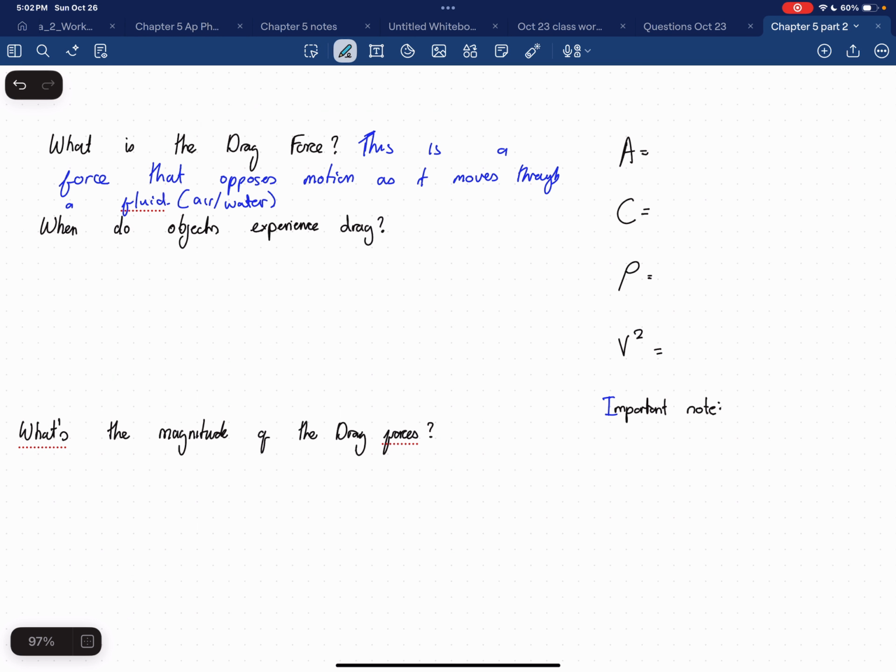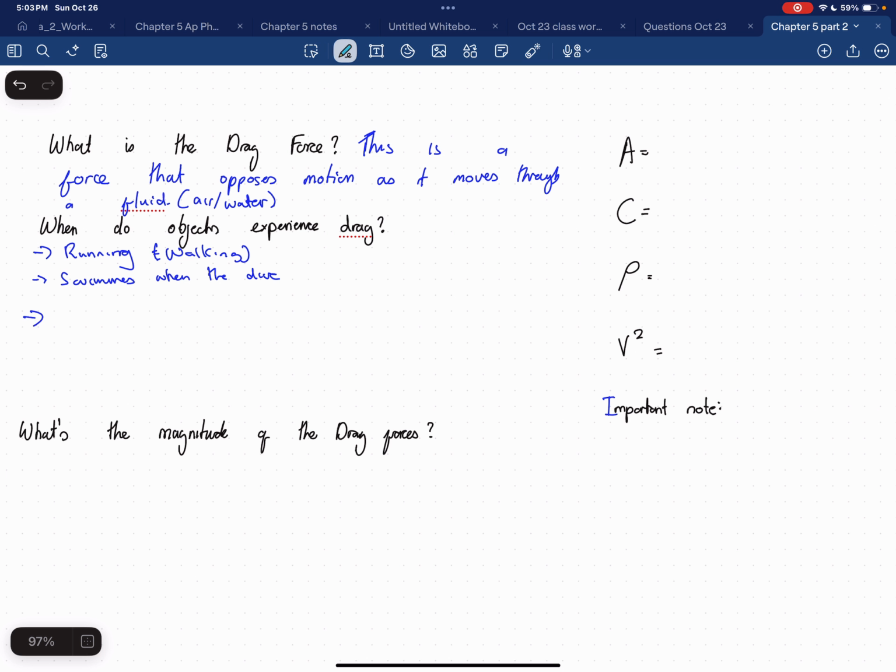All right. So, when do objects experience drag? Objects experience drag when running, or even walking to an extent. Swimmers experience drag when they dive, or even when they are swimming, not only when they dive.